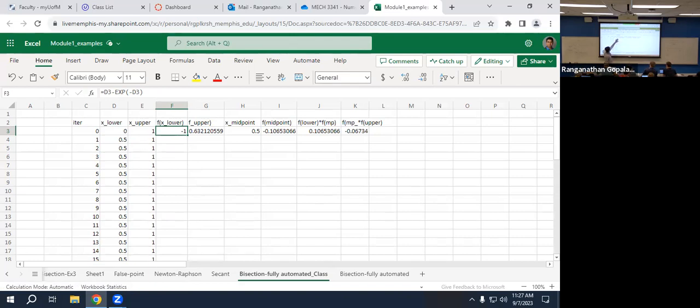Just watch and learn. f of x lower is x minus exponent of minus x, basically treating this like x, and f upper is the value of x being 1 minus exponent of minus 1, that is 0.6321.